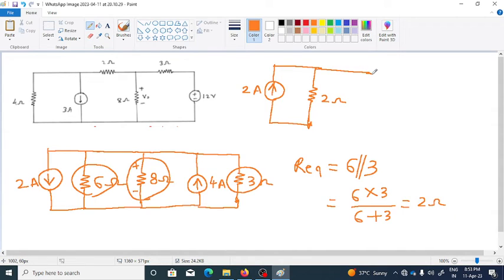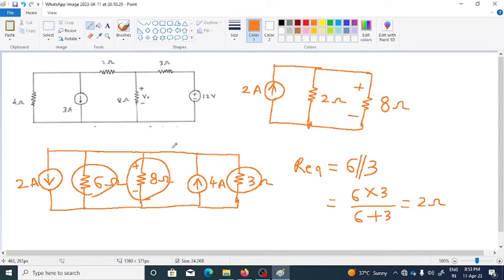a single resistor, and what remains is this resistance of 8 ohm, across which the voltage we are interested in measuring.